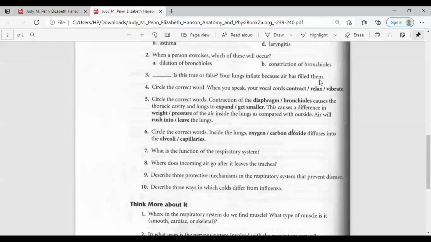Huỳnh Thị Thu Hà. Number 6 for you. Can you choose the correct words? You're not there.